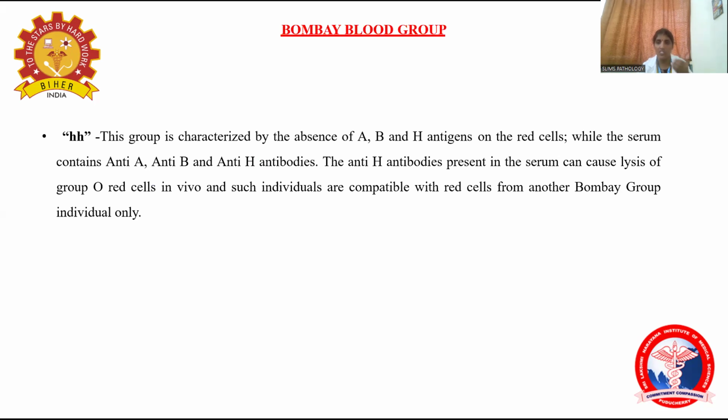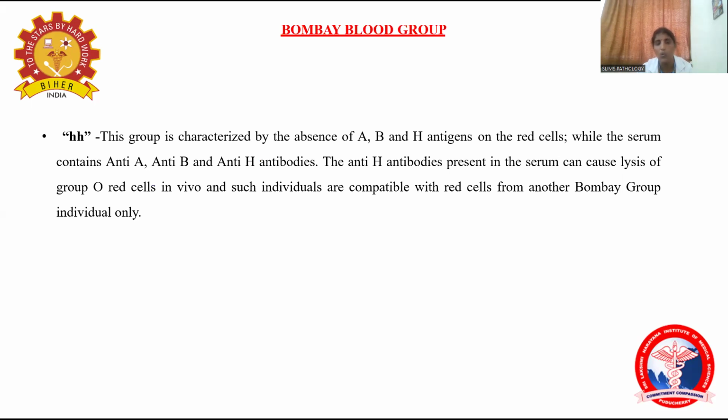The H gene produces H substance, and this H substance combines with various sugar particles and turns into either A antigen or B antigen. When this H substance itself is totally lacking, then what will happen? There is no H antigen and thereby no A or B antigen.